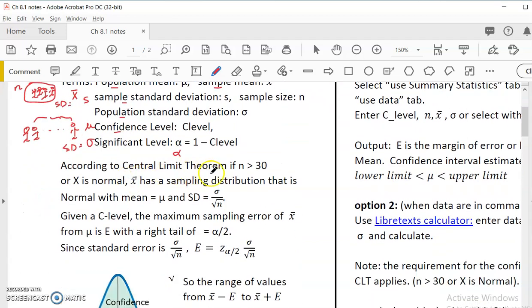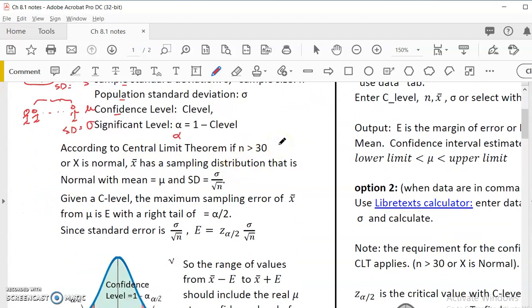So according to the central limit theorem, if the sample size is greater than 30, there is a special feature of x bar. Do you remember when you did the central limit theorem activity, x bar has a sampling distribution that is normal, always normal. We even know the bell curve has mean equal to mu, the population mean, although we don't know what it is, and the standard deviation is sigma over square root of n.